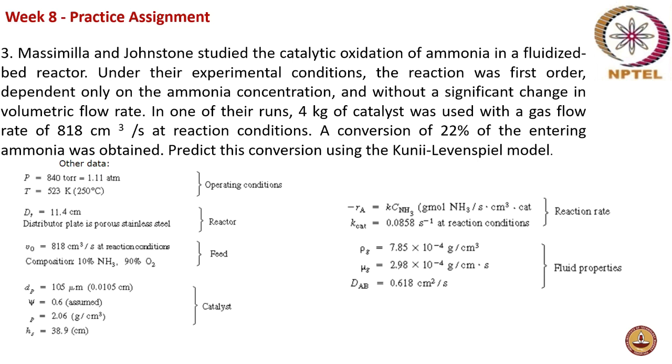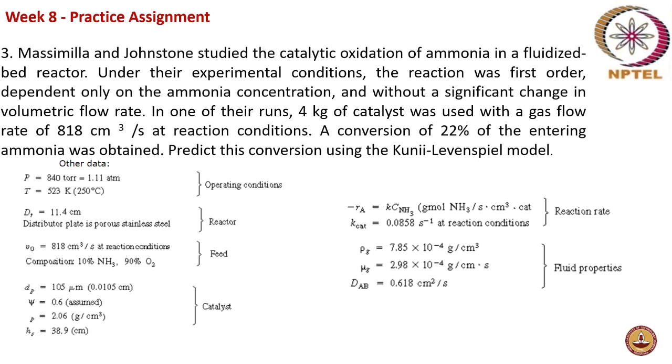The specific rate constant for this reaction is 0.0858 per second. The density of the gas is 7.85×10⁻⁴ gram per cm³, the viscosity of the gas is 2.98×10⁻⁴ gram per centimeter second, and the diffusivity of A through B is 0.618 cm² per second.